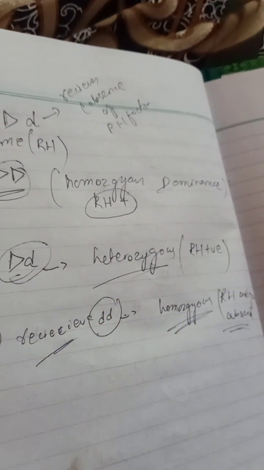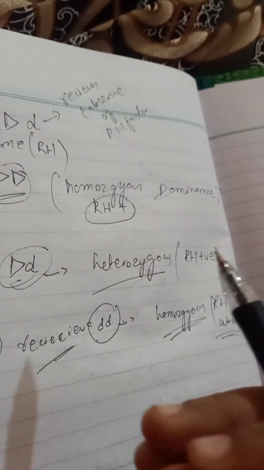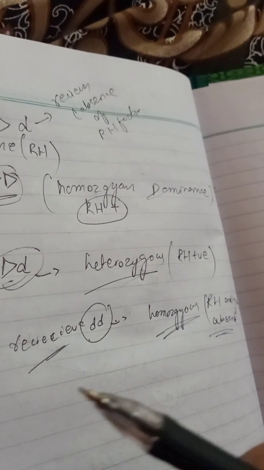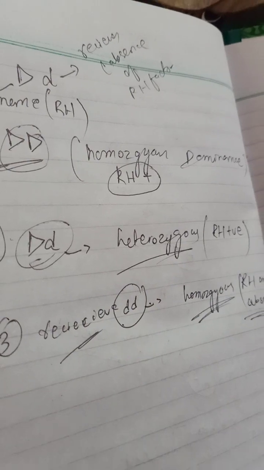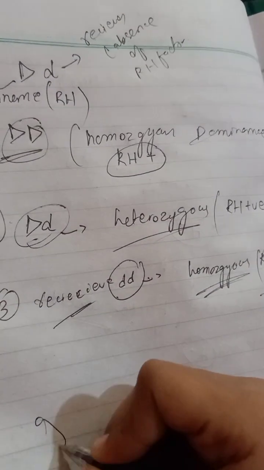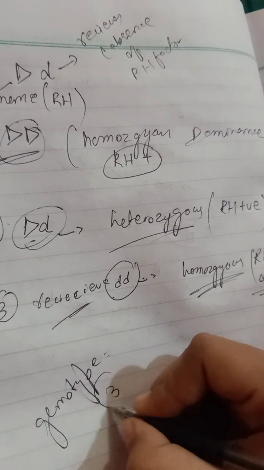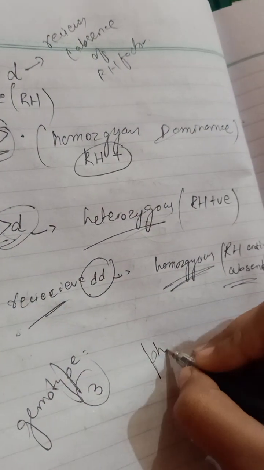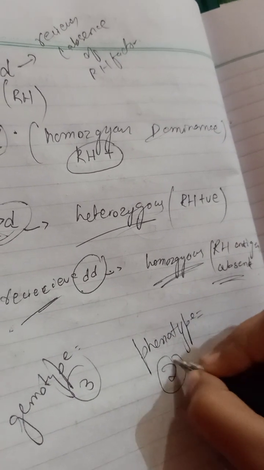The positive will have the Rh factor, and the negative will have no Rh factor. If we talk about the genotype, that is 3. These are 3 genetic makeups, which means the genotype is 3. And the phenotype, positive or negative, is 2.